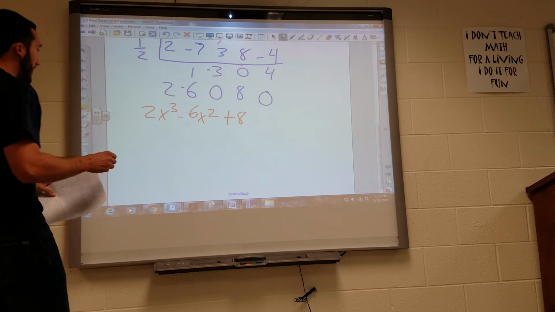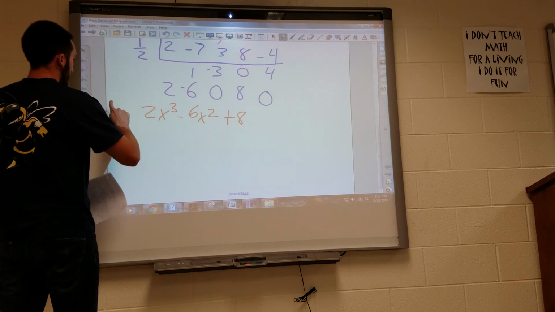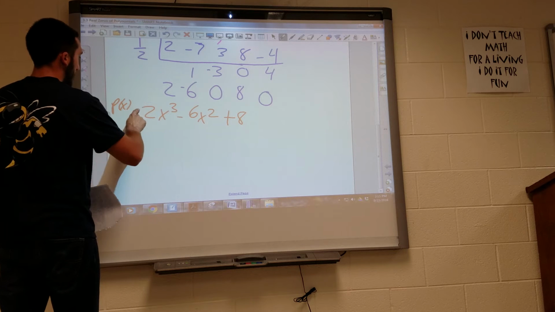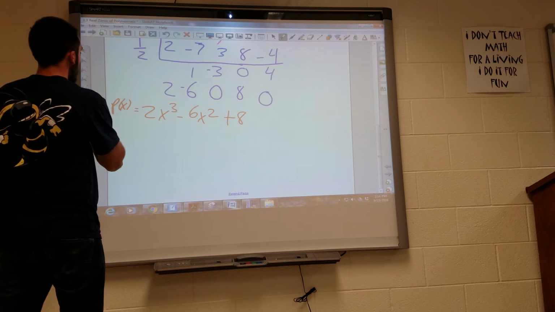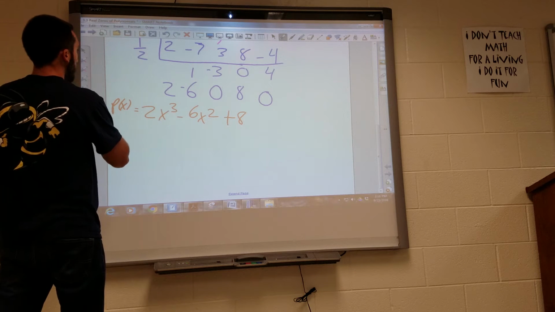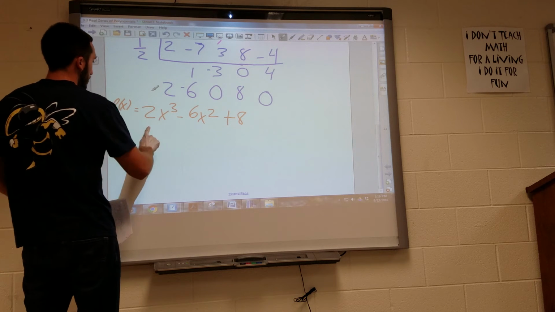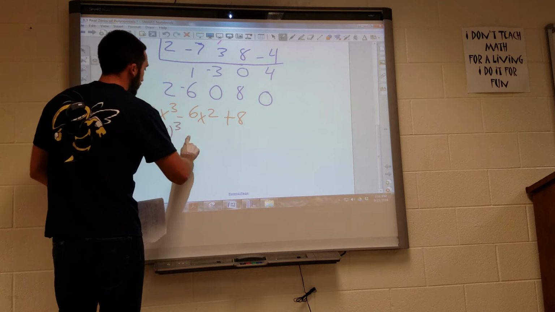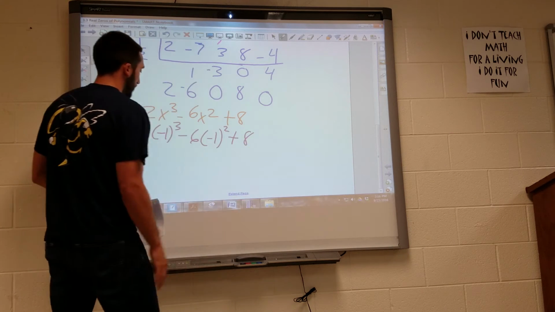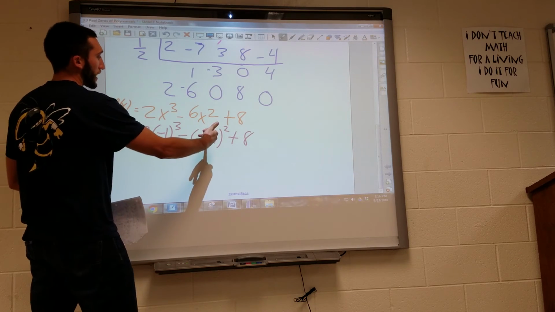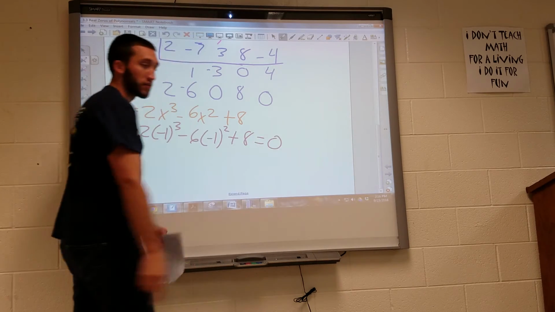So I tried -1. So p of x now is equal to that. So -1 gives us 2 times -1 cubed minus 6 times -1 squared plus 8. So that's -2, -6, +8, which gives me 0.